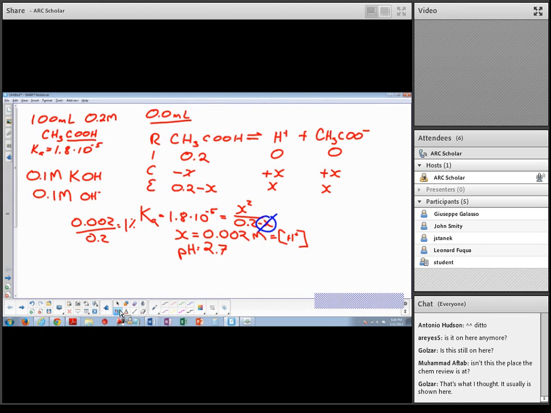I think 2.72. So before you add any base, we're at 2.7. This one's relatively easy, because we haven't even added any of the base yet. Once we start adding base, that's when things get a little bit more difficult. A little bit more steps are involved.